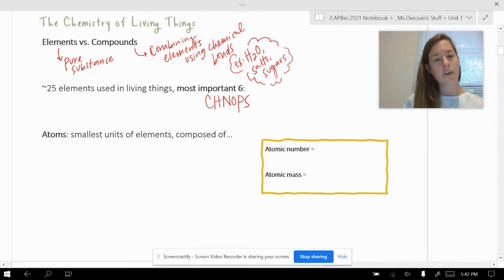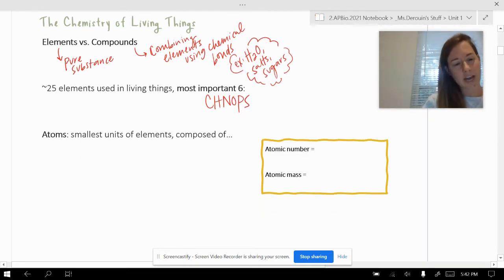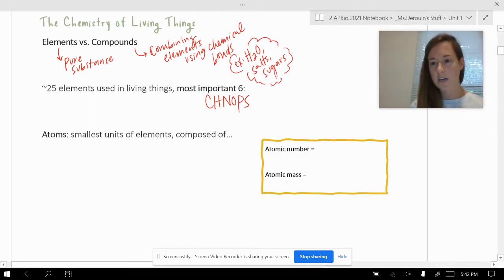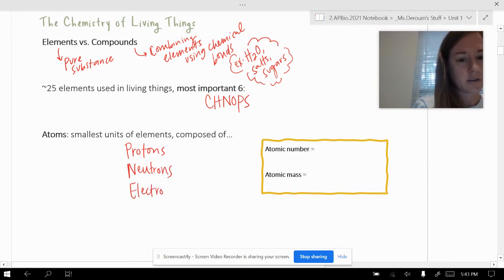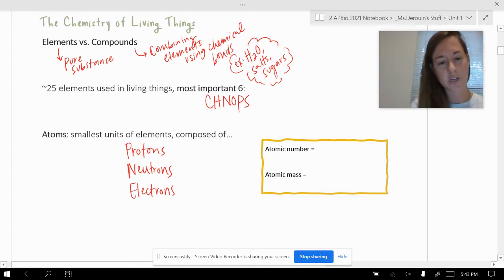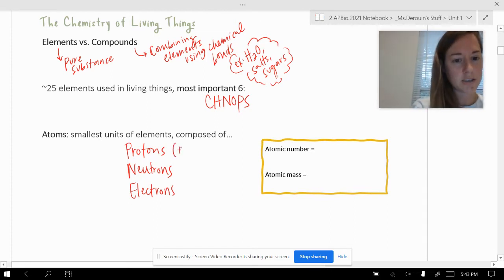So from there, let's talk about atoms. Atoms are the smallest unit of an element, and they're composed of your friends protons, neutrons, and electrons. And then as a refresher, your protons are positive, your electrons are negative, and your neutrons are neutral.